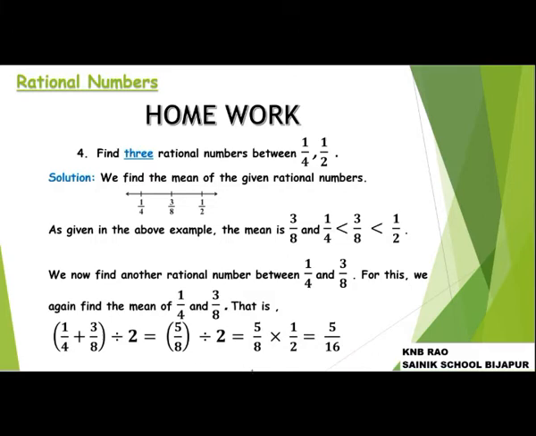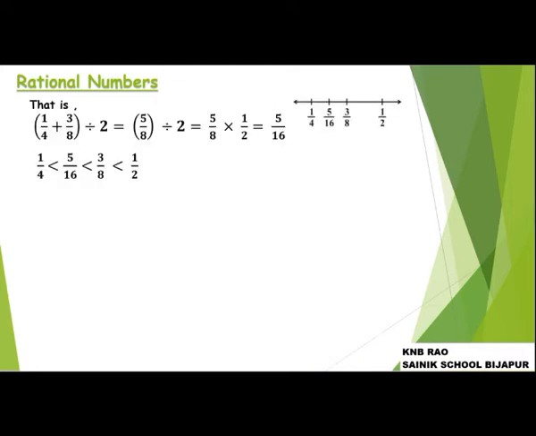With the same procedure, we found 5 by 16, so that 5 by 16 comes between 1 by 4 and 3 by 8. Next, similarly, here I have shown 1 by 4 less than 5 by 16 less than 3 by 8 less than 1 by 2.